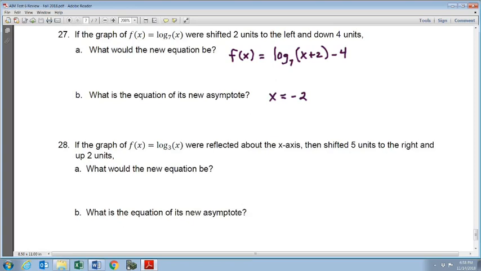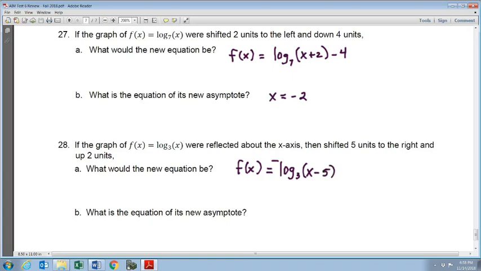All right, on 28, let's go ahead and get this set up. So now this is a reflection through the x-axis, so I actually need to put a negative in front of the log, and then shifted 5 units to the right, so that's going to be a minus 5 there.